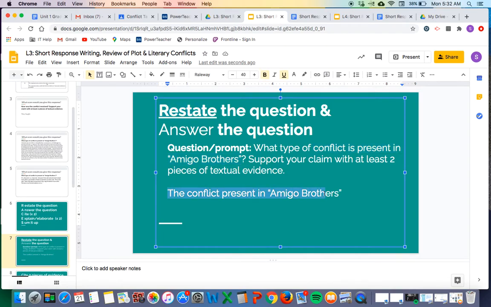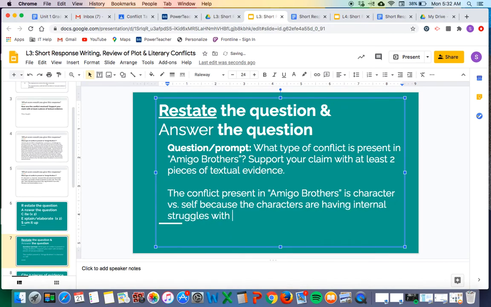Using some of that language to make sure we're answering it directly. Now the second part, when we say "is blank," is our answer. So, the conflict present in Amigo Brothers is character versus self. It's really sophisticated if you can also say why, right? Because the characters are having internal struggles about fighting one another.